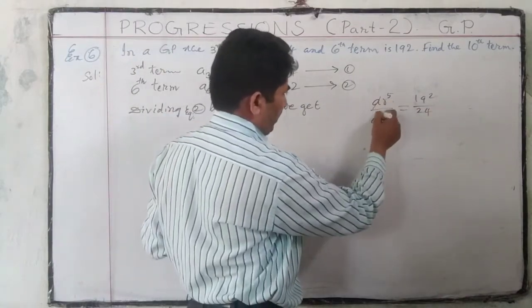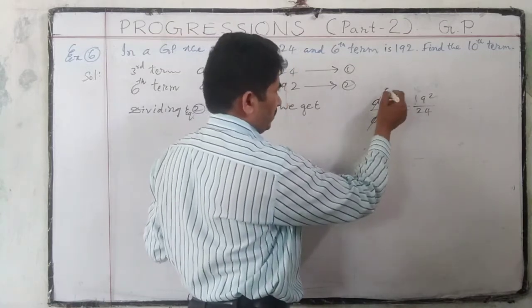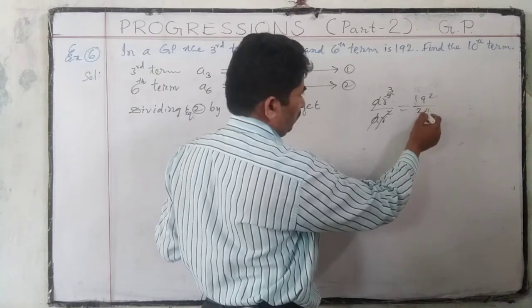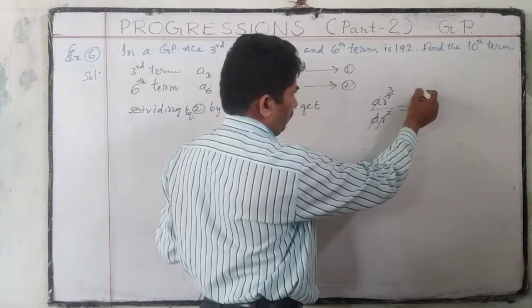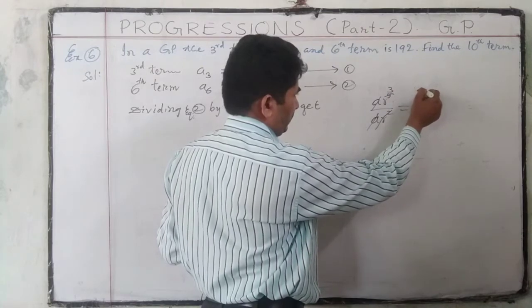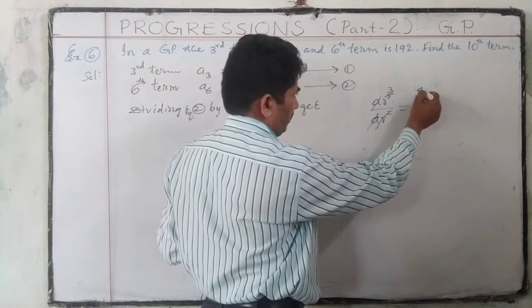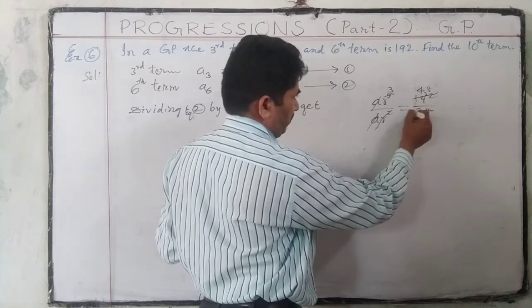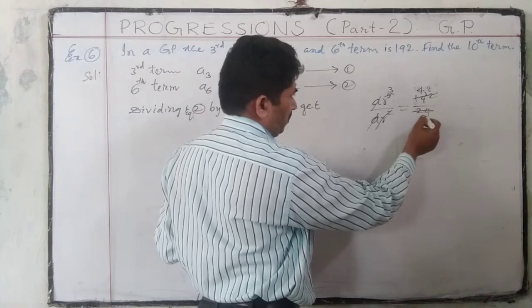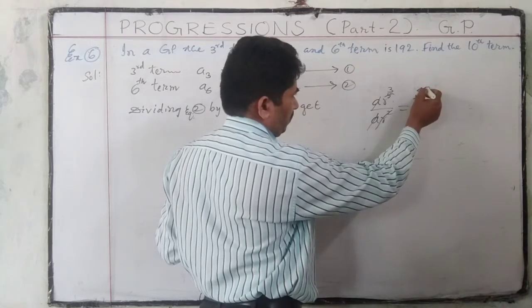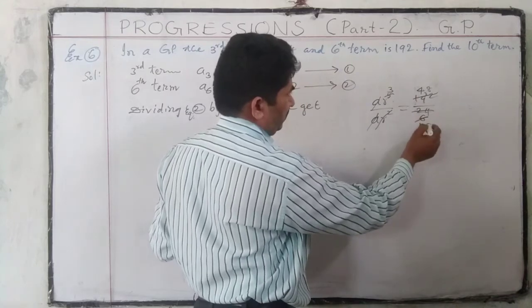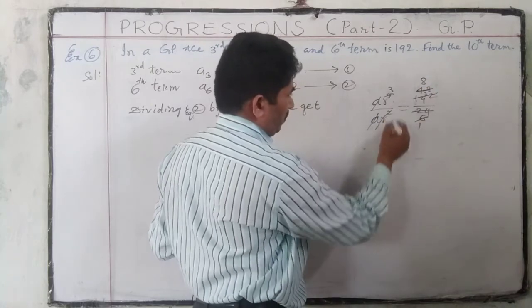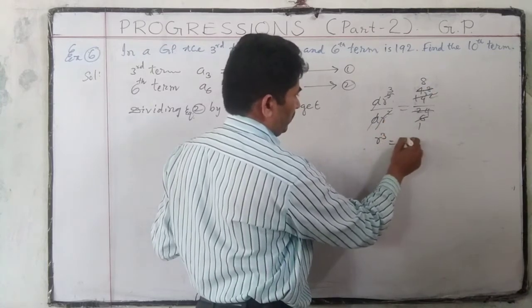So here A cancels, R square cancels, 192 by 24 is 8. So R cube is equal to 8.